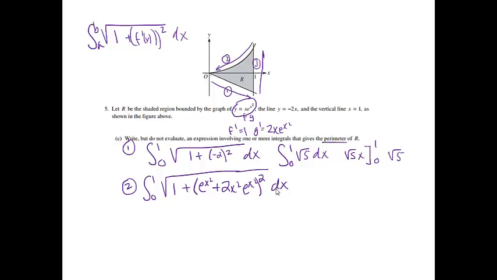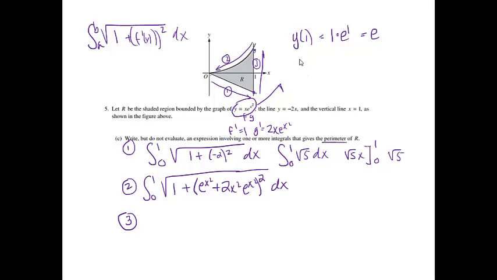And it does say that we're just writing in the expression, so we don't need to try to evaluate that, so I'm just going to leave that one like it is. And then the third one, since this is just a vertical distance, we can just take the y value up here and subtract the y value down there, and that will give me my length for that one. So the y value up here, it's on the curve x e to the x squared, so if I plug 1 into that formula, it's going to be 1 times e to the 1, so that will be e.